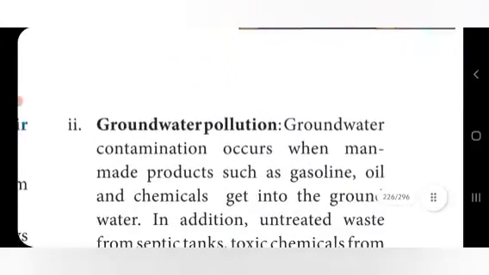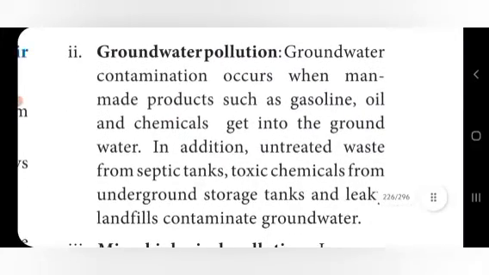The next one is groundwater pollution. Groundwater contamination occurs when man-made products such as gasoline, oil and chemicals get into the groundwater. In addition, untreated waste from septic tanks, toxic chemicals from underground storage tanks and leakage landfills contaminate the groundwater.